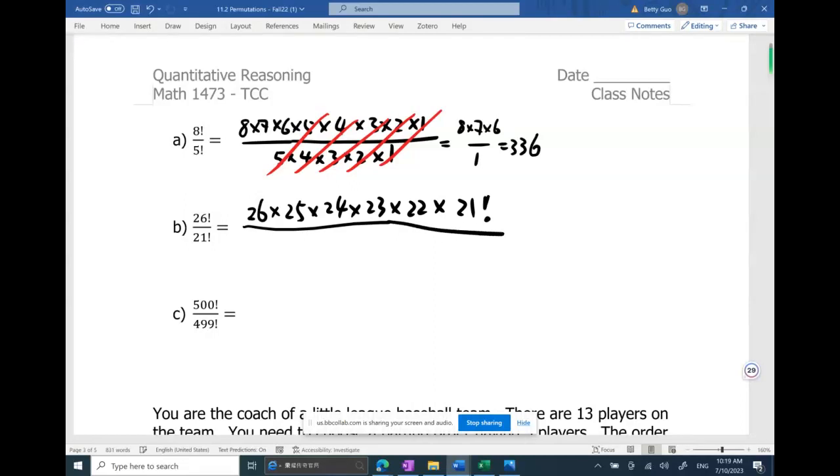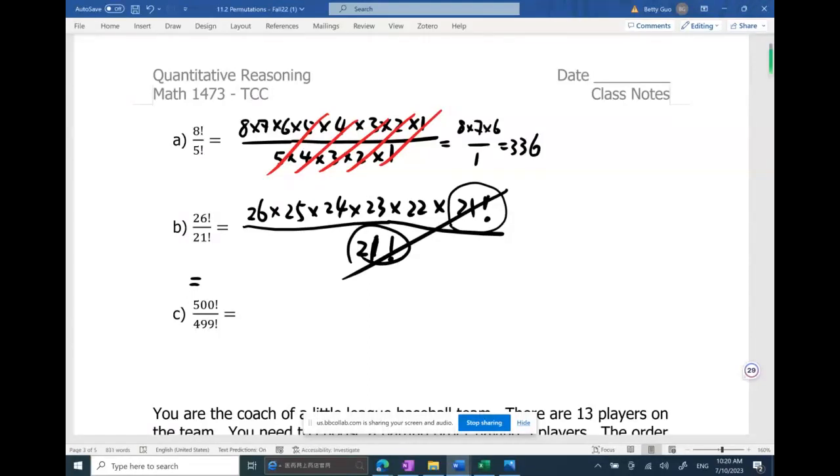Are they the same? Same thing, right? Since 21 factorial is 21 times 20 times 19 times 18 times 17, and so on, it's the same as the numerator. The reason I write that is because I know the denominator is 21 factorial, so that will be cancelled.